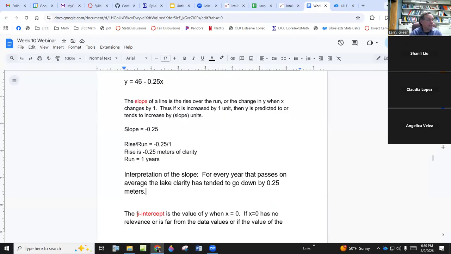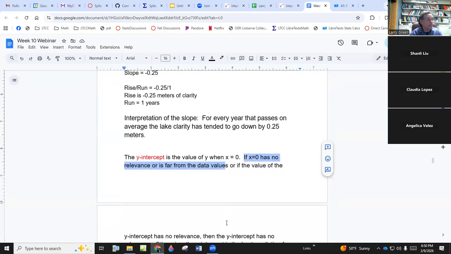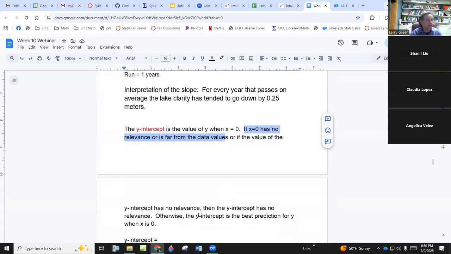Just note the y-intercept is the value of y when x equals 0. If x equals 0 has no relevance or is far from the data values, then the y-intercept has no relevance. Otherwise, the y-intercept is the best prediction for y when x is 0.